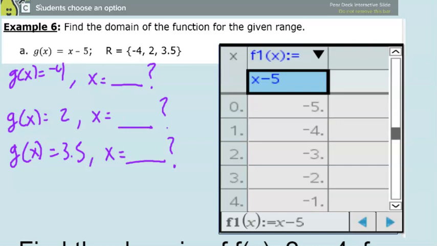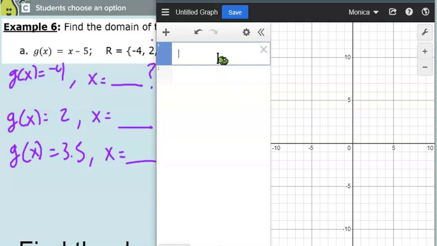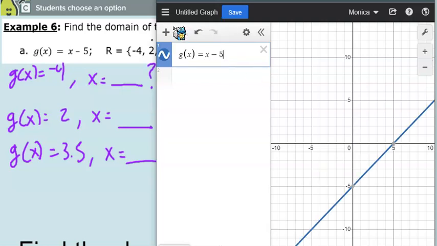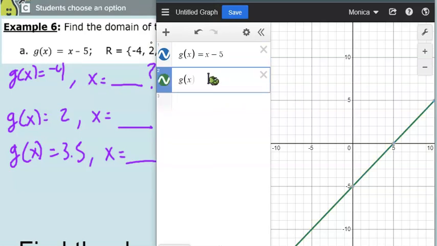So let's go ahead and graph this on Desmos. So we'll put g of x equals x minus 5. So from here, let's go ahead and type in our numbers. g of x equals -4.